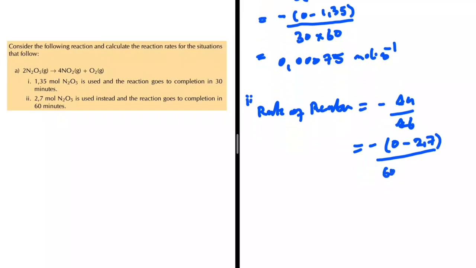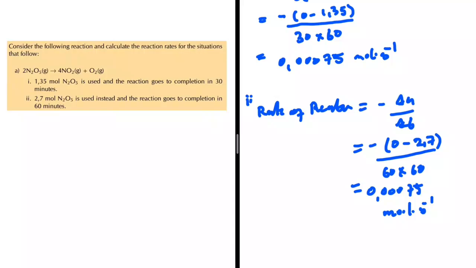So that is 60 multiplied by 60. Substituting that in my calculator, I have 2.7 divided by 60 multiplied by 60, and then this is equal to 0.00075 moles per second.